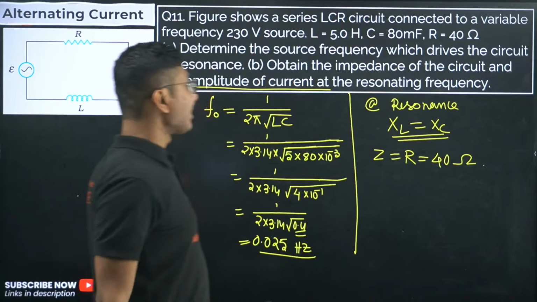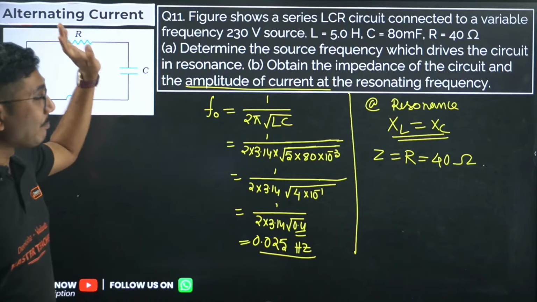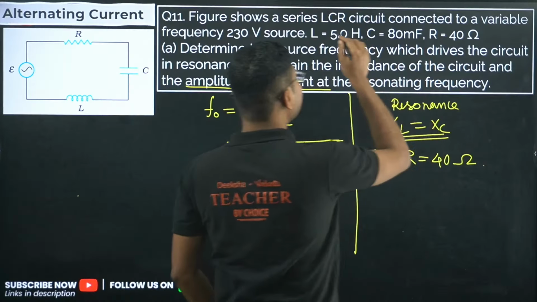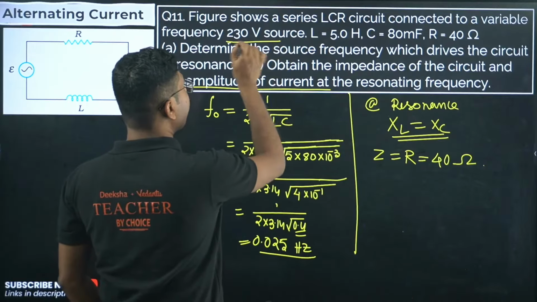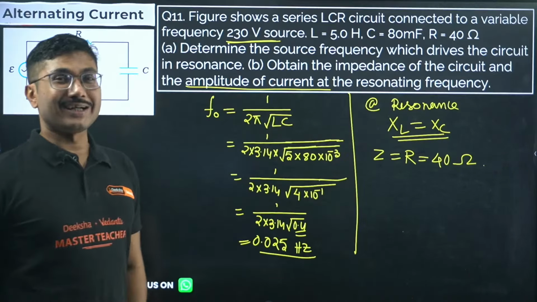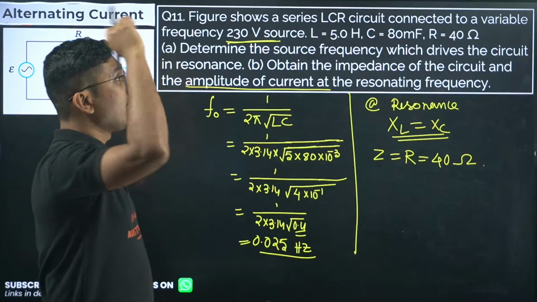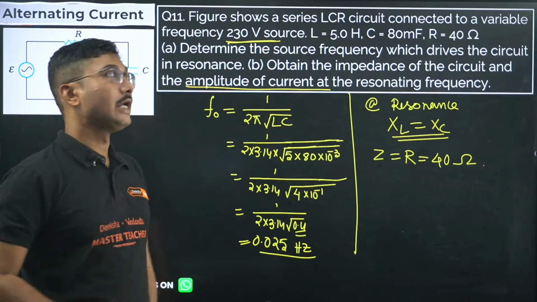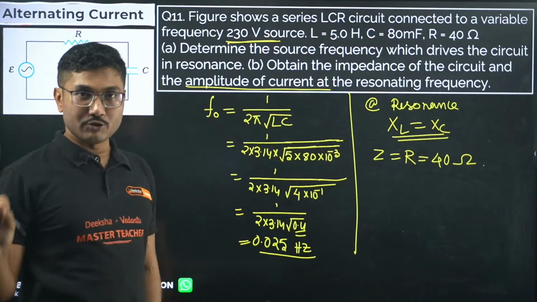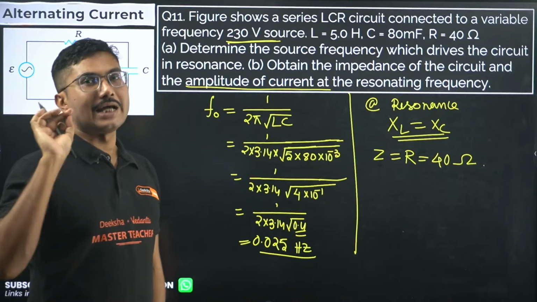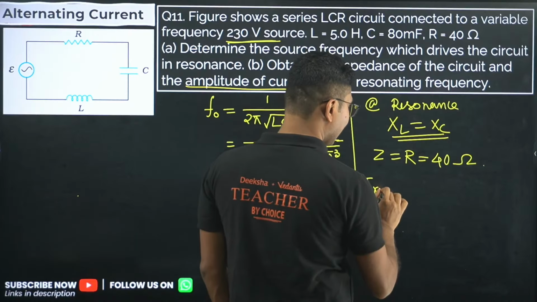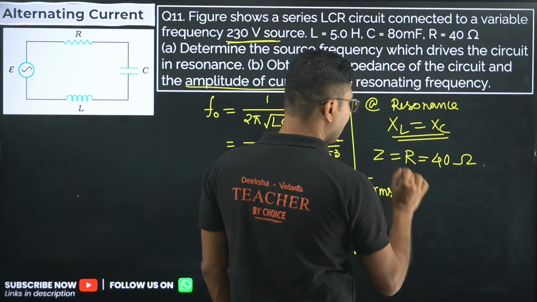Now they ask you to also calculate the amplitude of the current. This voltage is V RMS. If nothing is mentioned in the question, always remember voltage is given in RMS value only, unless it is mentioned as peak value of voltage. So the current in this case will be I RMS, which we will calculate.